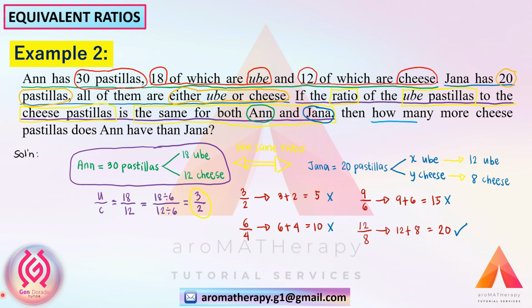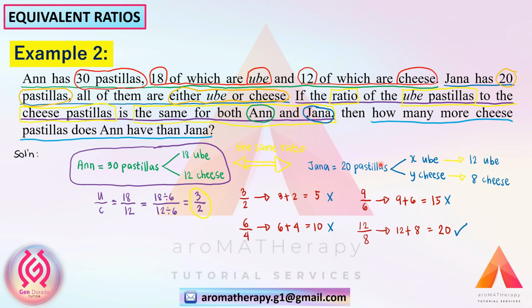Ito na, last question. How many more cheese pastillas does Anne have than Jana? So, anong gagawin natin dito? We need to subtract this one. 8 cheese pastillas from 12 cheese pastillas ni Anne.